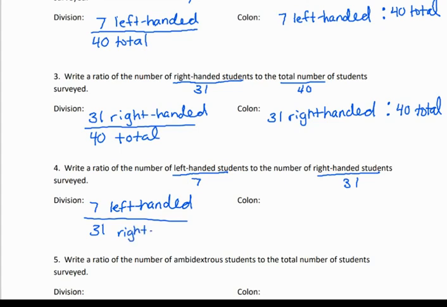Now, a few of you in the chat just typed in the numbers. Of course, in the chat, that was fine, but please make sure on the paper you have the labels there too. And then colon, same exact thing, but we just go from left to right and use a dot dot. I'm going to run out of room, so let me write underneath. Sorry, running out of room there.